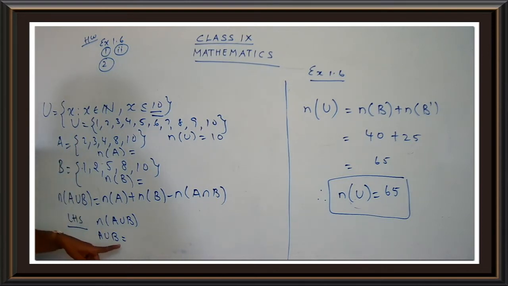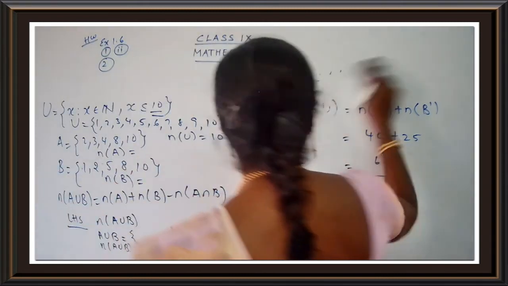After finding A union B, you have to find the number of elements in it. Whatever numbers you get, you count how many numbers there are. So n of A union B, you write down here. Getting my point, children? So after finding n of A union B, that becomes the LHS. And now let's go for the RHS part.